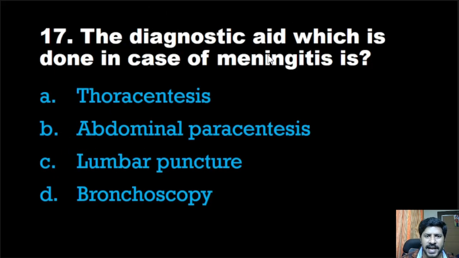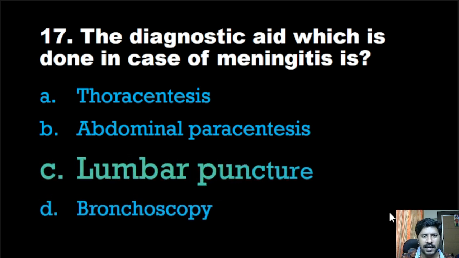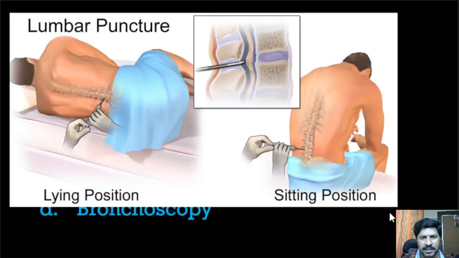17th question. The diagnostic aid done in case of meningitis is thoracentesis, abdominal paracentesis, lumbar puncture, bronchoscopy. Correct answer, lumbar puncture. In the case of meningitis, the doctor will do lumbar puncture to analyze CSF. Lumbar puncture can be done in a side lying position.